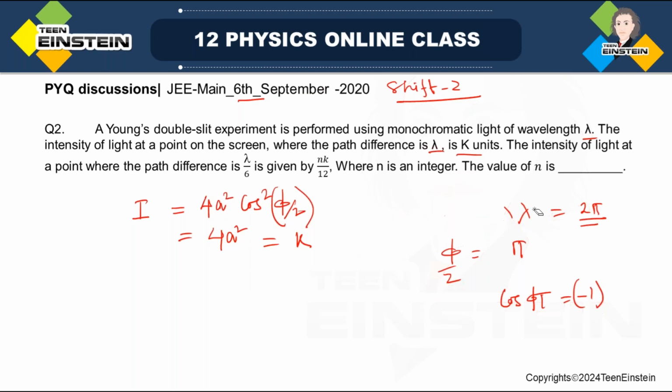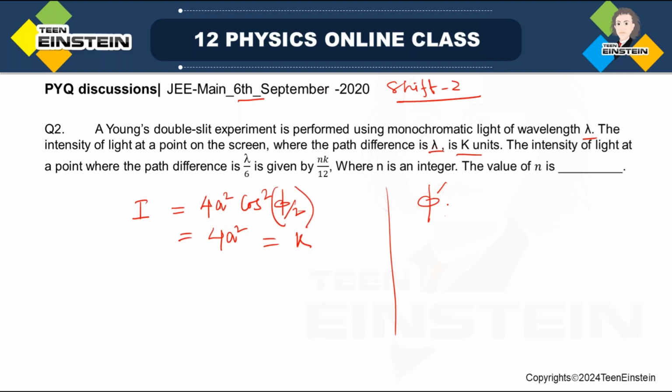Okay, now you have to find out the intensity of light at a point where the path difference is lambda by 6. So where the path difference is lambda by 6, what is the phase difference? Let us say that is phi prime, and that is 2 pi by lambda into lambda by 6.